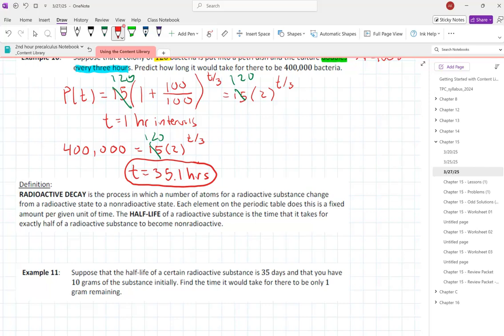We measure how radioactive a substance is through what's called a half-life, and that's the amount of time it takes for half of that substance to change into its more stable version of itself.